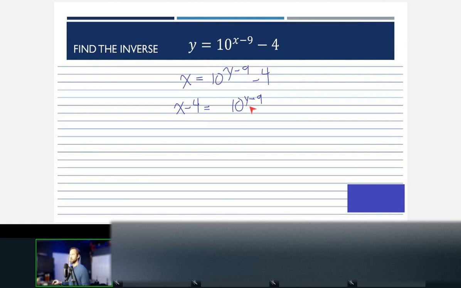Remember, our goal is to get this y by itself, and right now it's kind of stuck in the exponent.